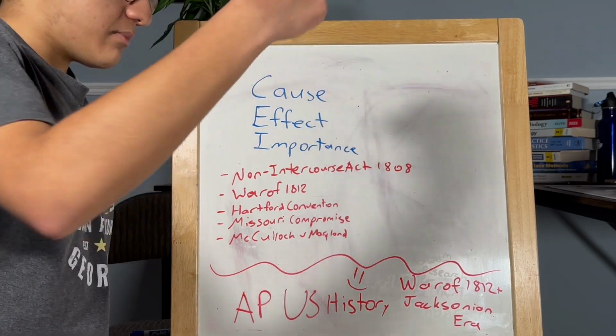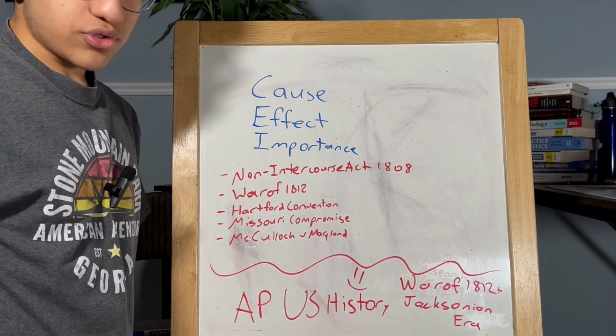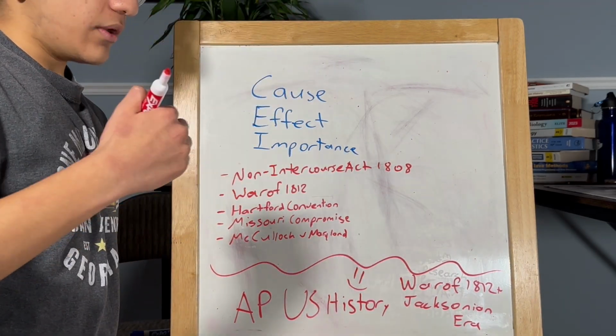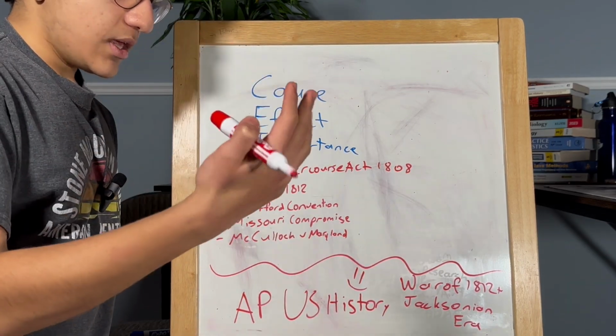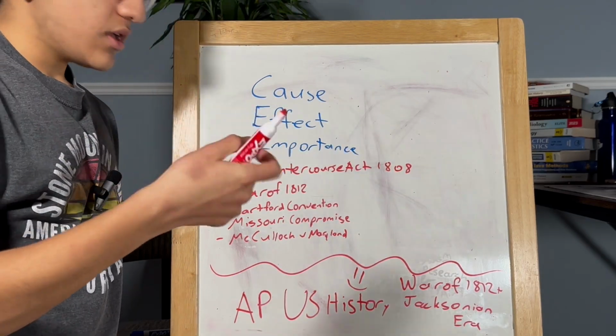The British responded with the Orders in Council, which put a blockade on the French, and so that meant that when ships came in, they were being oppressed by the navies, pretty much.